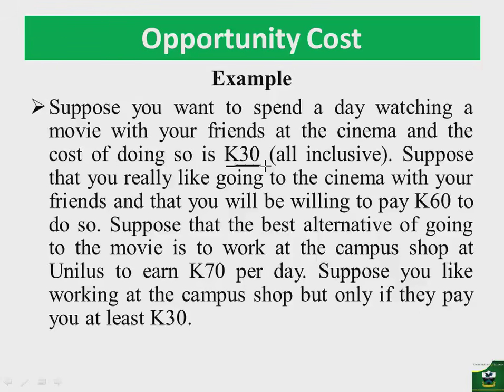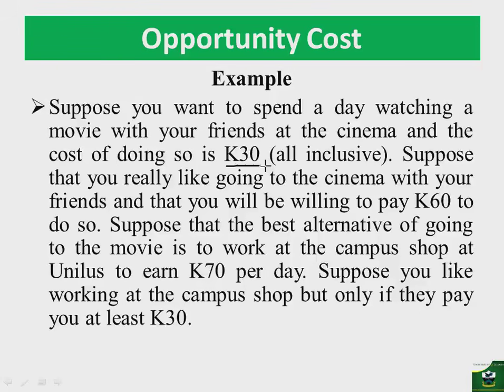It also reflects the implicit cost given by the best alternative you are sacrificing. In this case, the value of the best alternative is 40. Now, this represents the opportunity cost of going for a movie with your friends.